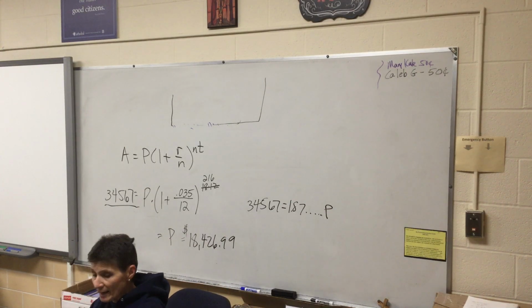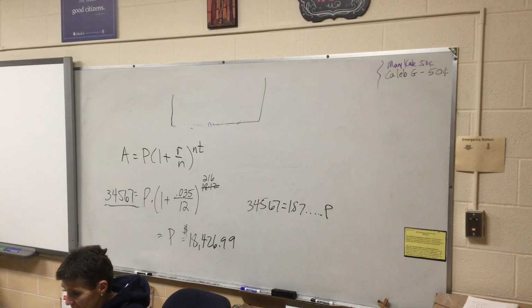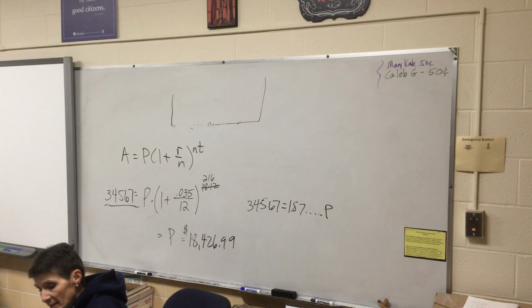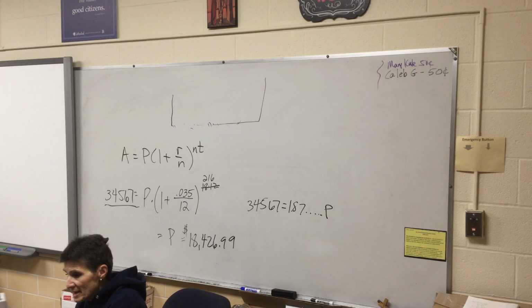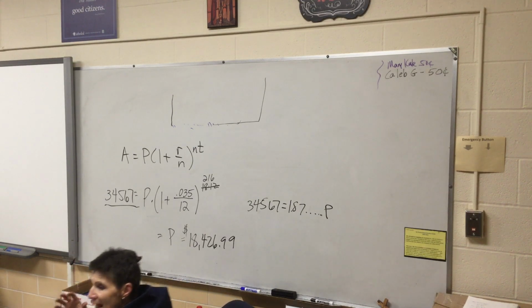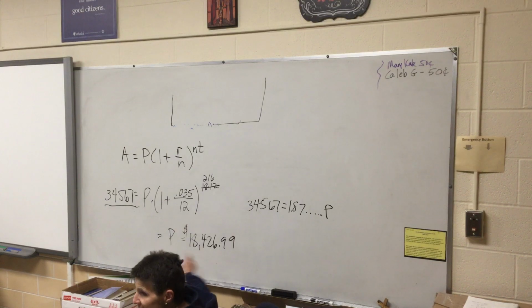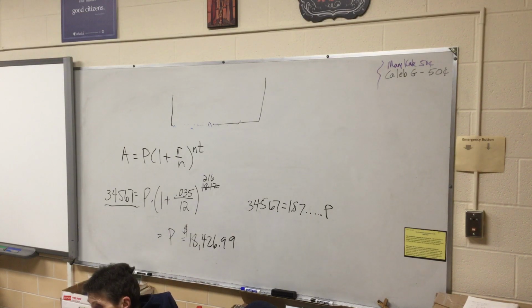So you're going to type in 3, 4, 5, 6, 7, and then hit divided by, and then second answer. The answer is above your negative button. It will bring down that whole number so you don't have to type it back in, and then hit equals, and you're going to get exactly the same answer.